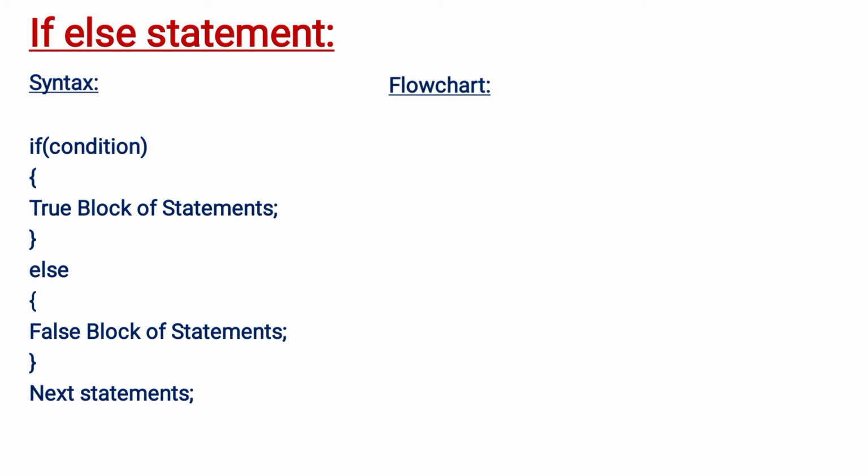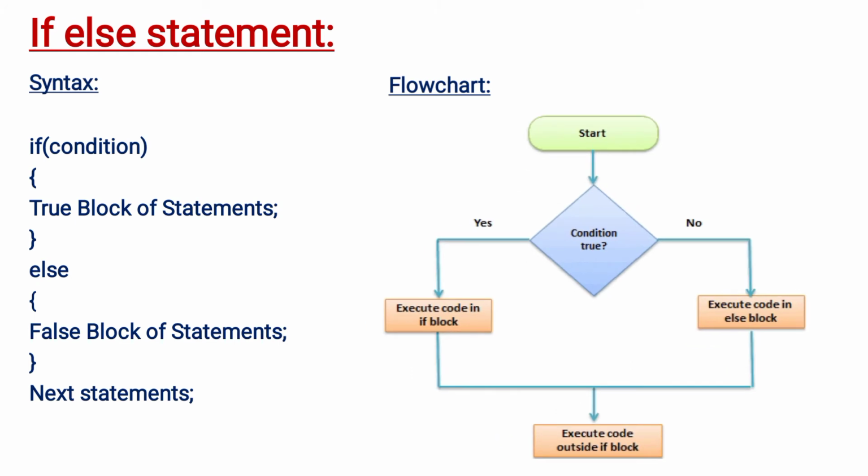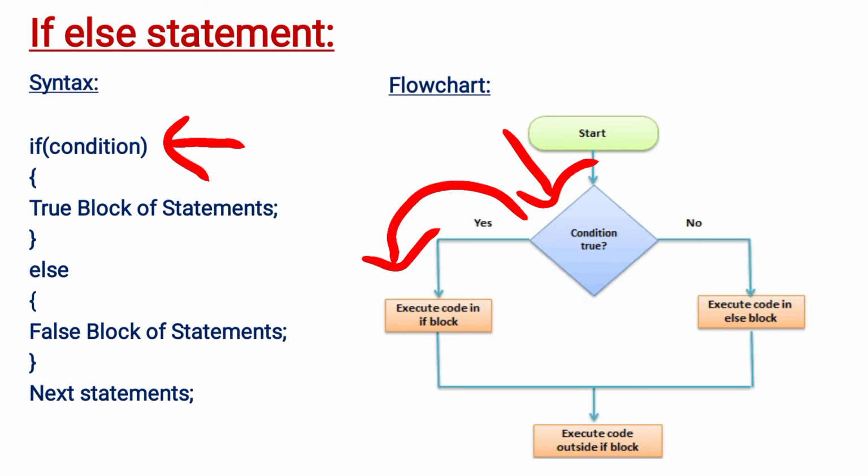Next we will see the flowchart of if-else statement. This is the flowchart of if-else statement. See here, the control comes to the condition first, so here we have to check the condition first. If the condition is true, then it is going to execute the if block of statements, meaning the true block of statements will be executed.